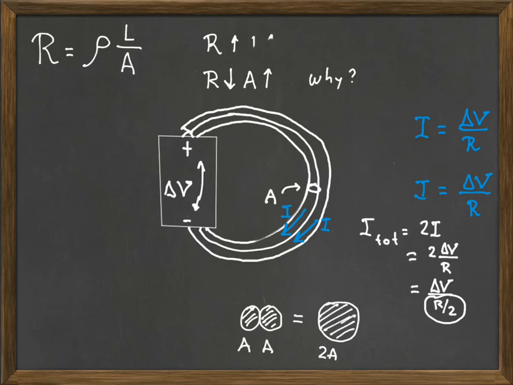What this means is that if we connect two wires, each one with a cross-section A, the result is going to be a resistance of the combined wires being R divided by 2. Clearly, two wires, each one with a cross-section A, are equivalent to a single bigger wire that has an area 2A. So a thicker wire with twice the area of one wire would have a resistance that is half of the resistance of the thin wire.